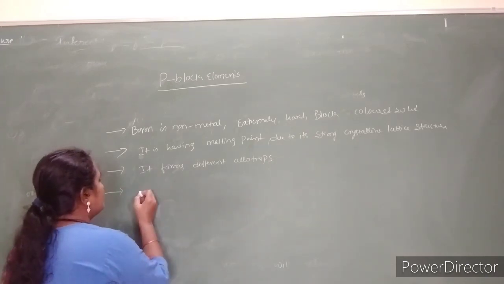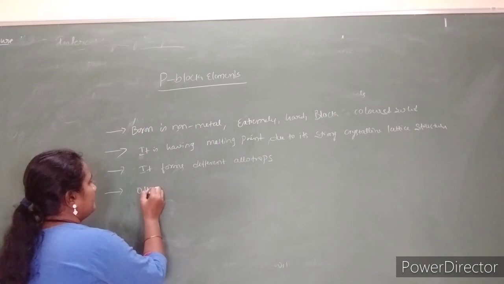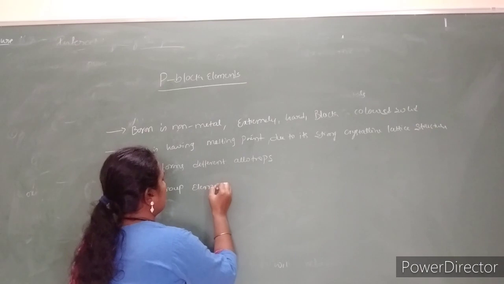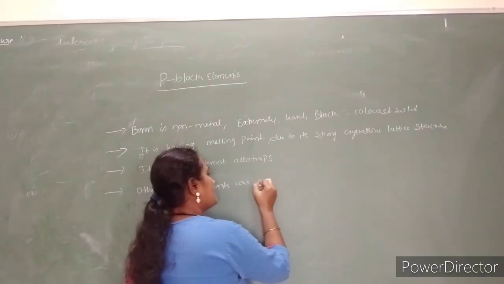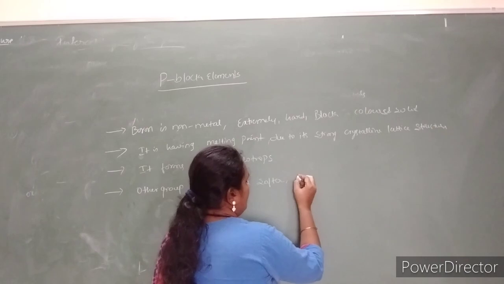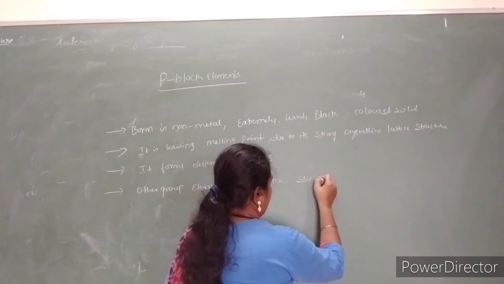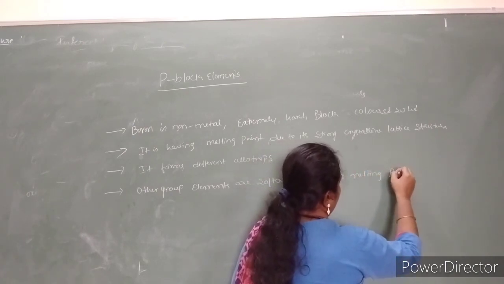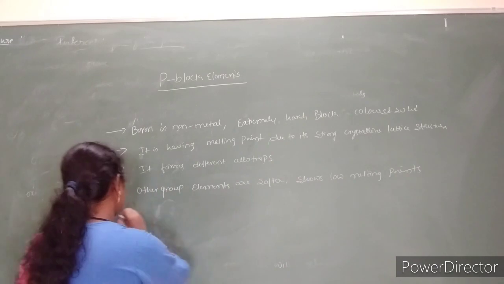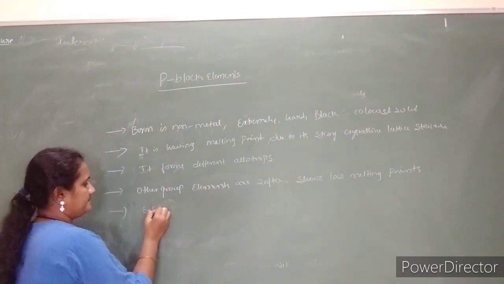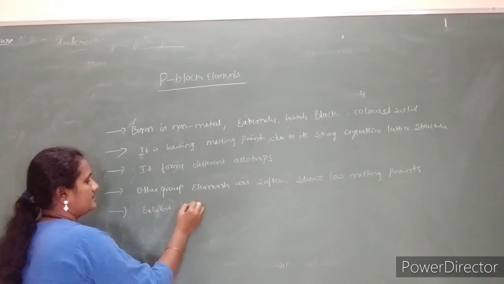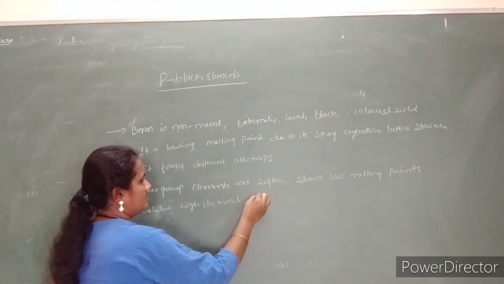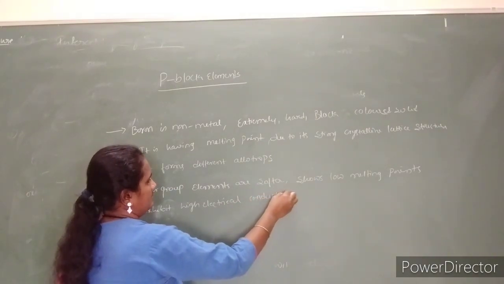The rest of the other group elements are softer and show low melting points, and exhibit high electrical conductivity.